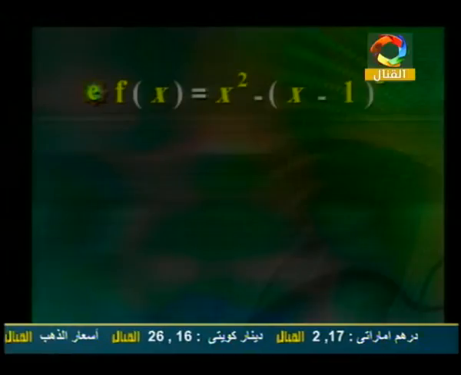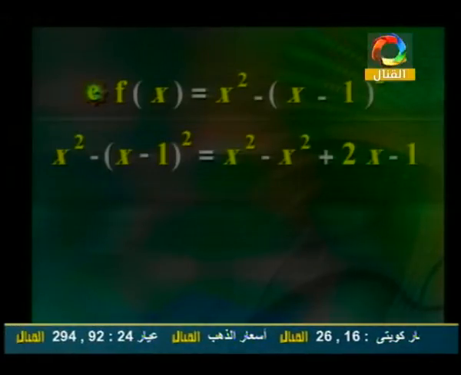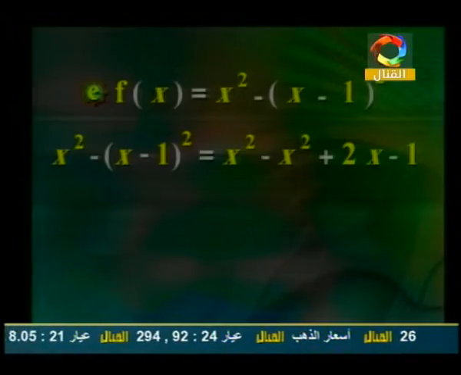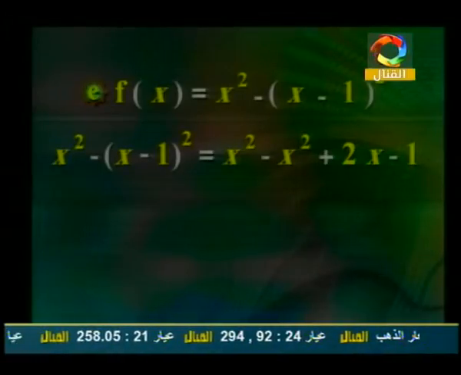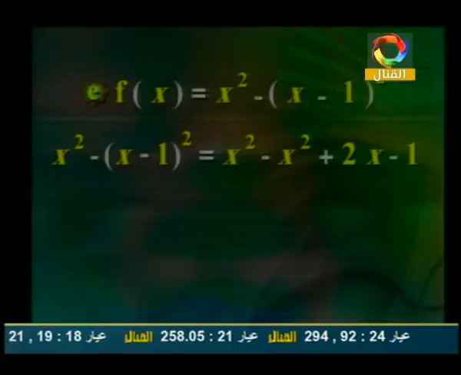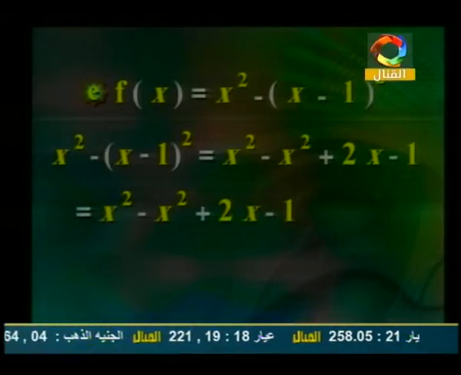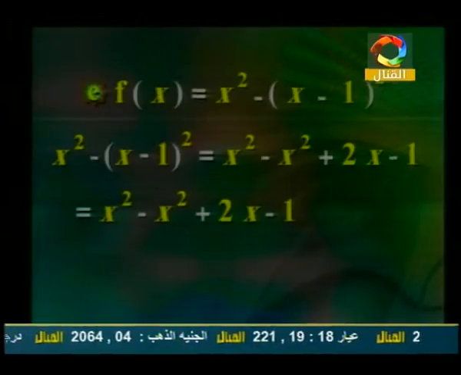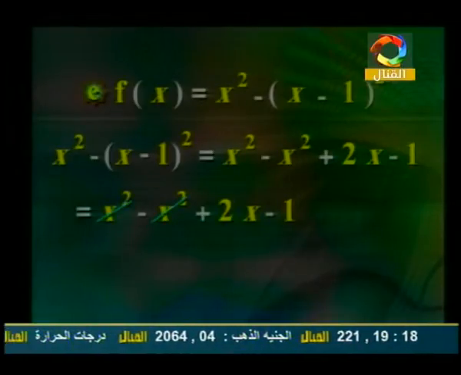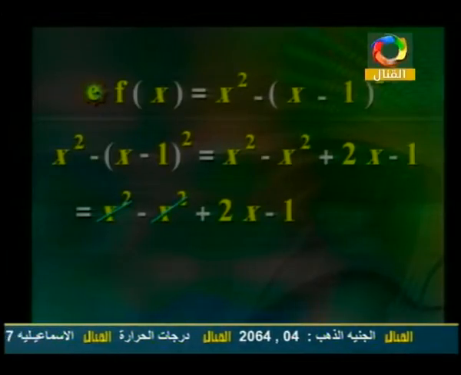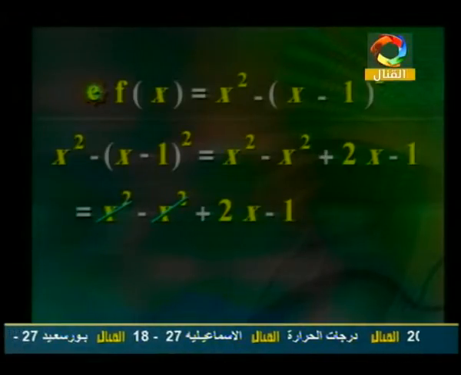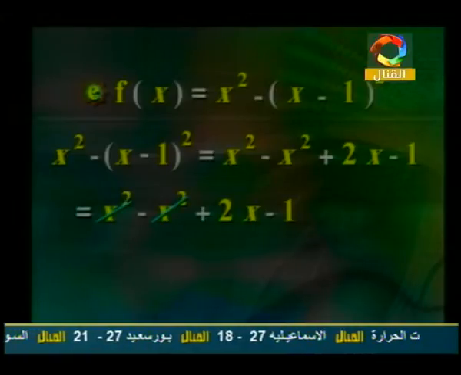But solve it at the first. It is x power 2 minus x power 2 plus 2x minus 1, which equals, cancelling positive x power 2 with negative x power 2, the remainder 2x minus 1.